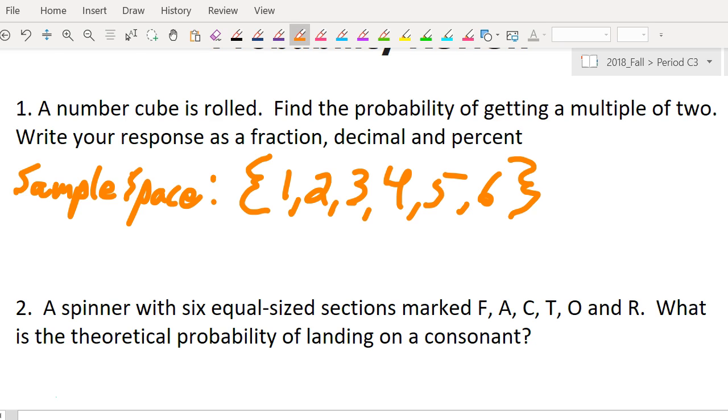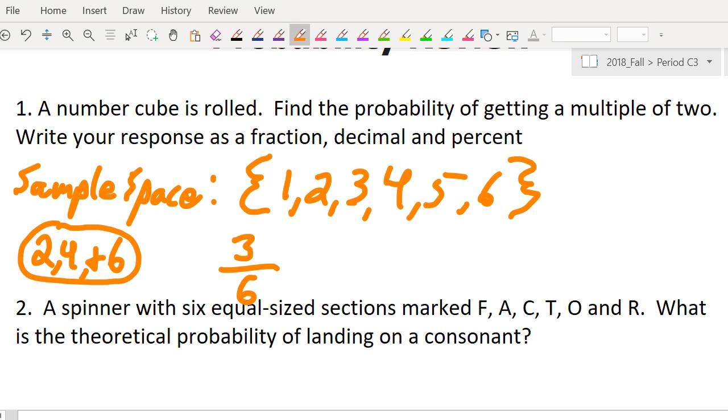Please write this down. Okay, write your response as a fraction, decimal, and percent. Ooh, tricky. So I should see on your answer 3 out of 6. Why? Because 2, 4, and 6 are the answers. So, should you show any work? Yes. Show this.